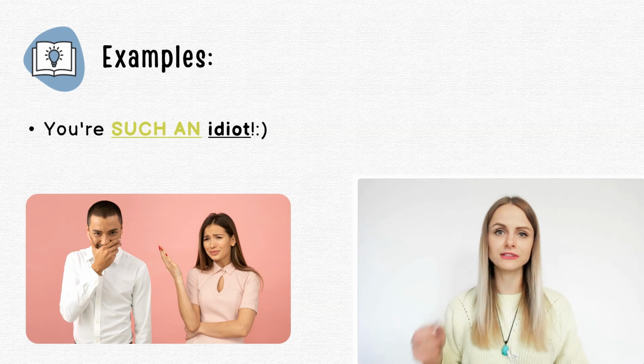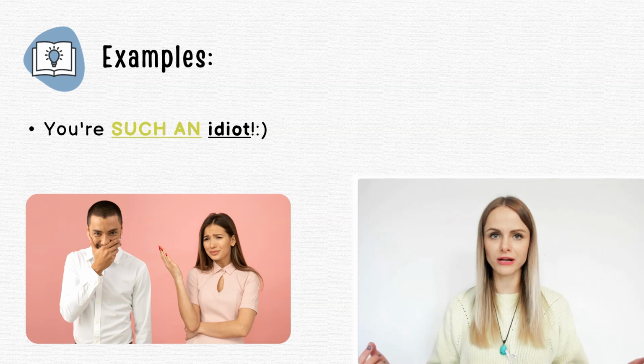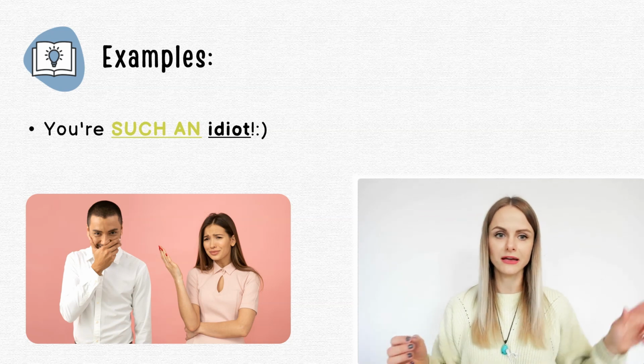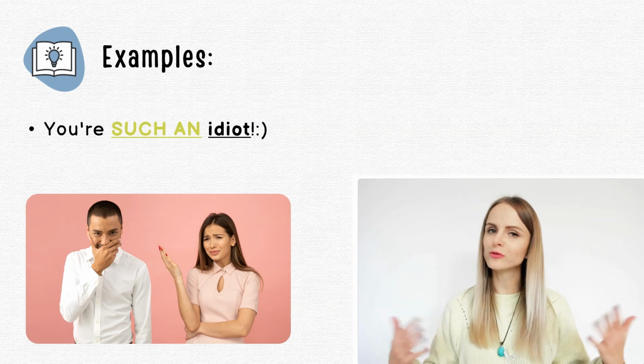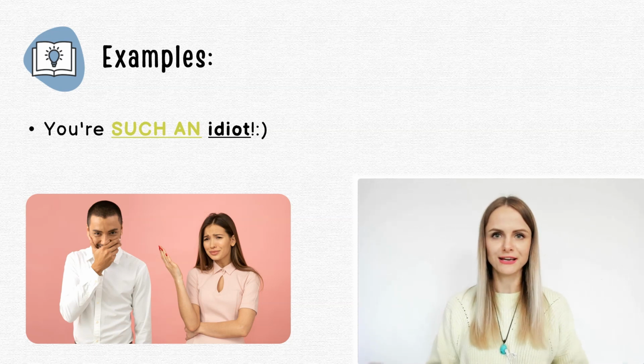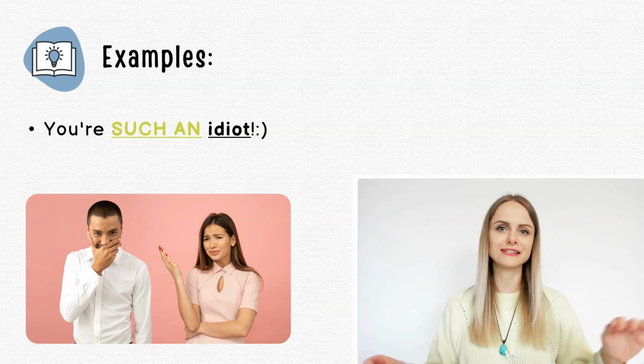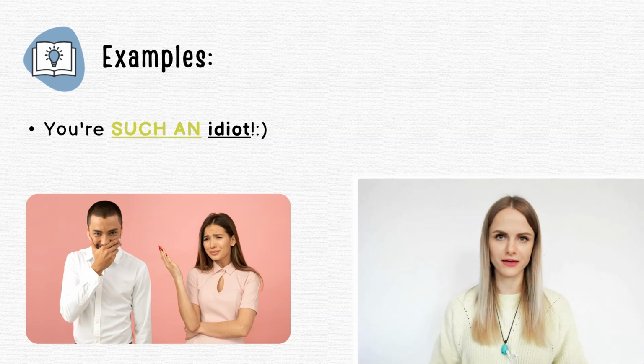But this noun starts with a vowel, with I, so you need to use the article "an". Such an idiot. It's even easier to pronounce these words together. If you just had "a", it would be "such a idiot", which would be difficult to pronounce, right? That's why we need "an". You're such an idiot.